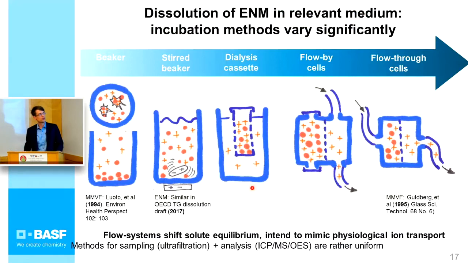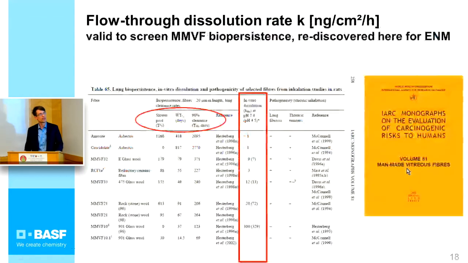Actually, there is an OECD draft technical guideline that specifies this, and the World Health Organization has used all of these methods extensively for mineral fibers. And this is how it looked in their report. This is the metric of the dissolution. They call it K. K, see it above here, is a measure of nanograms ions released per square centimeter of particulates per hour. So it gives you a rate of dissolution.